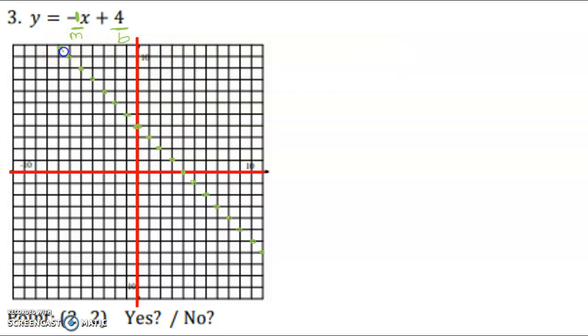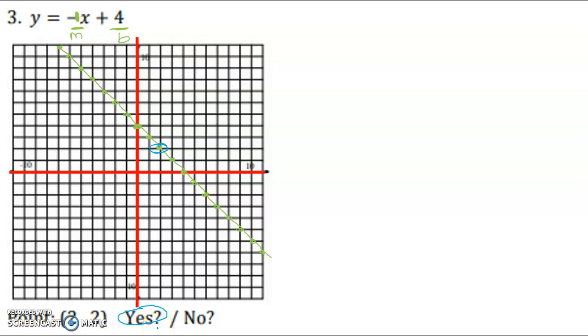So imagine there's a straight line in between these. Now we have to just identify where is the point (2, 2). So we would go over 2 spaces from the origin, and then up 2 spaces, which puts us right here. And it certainly looks like our graph crosses at that point, so we can say yes.